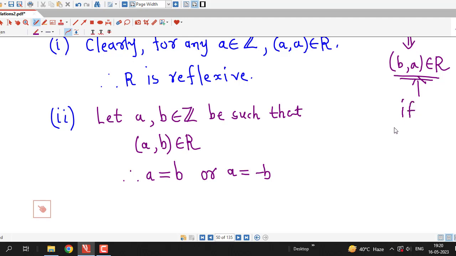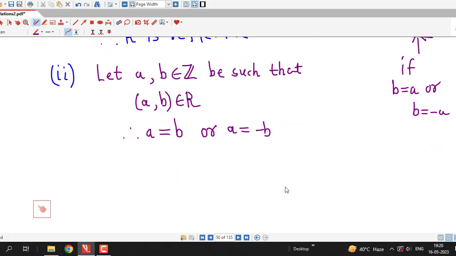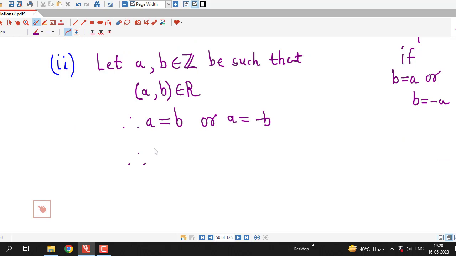So by the definition of given relation, (B, A) belongs to R if B equal to A or B equal to minus A. So this we can rewrite in this way.